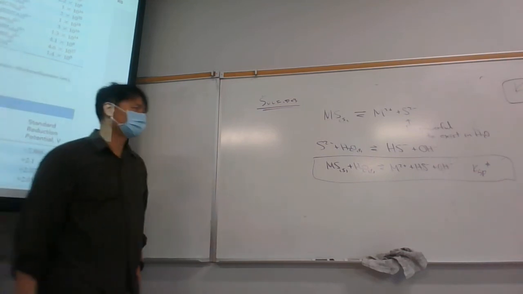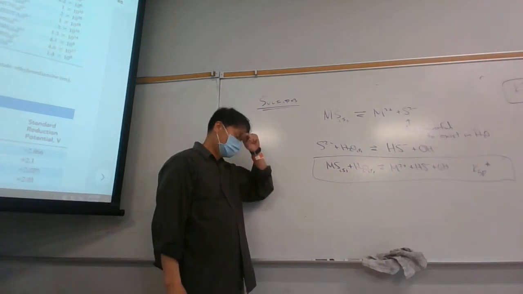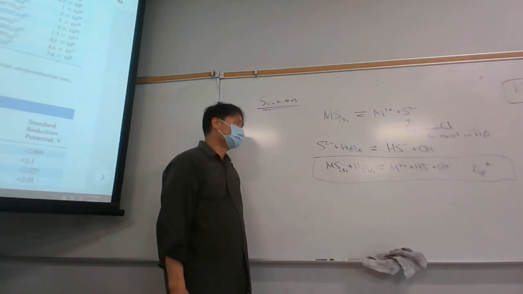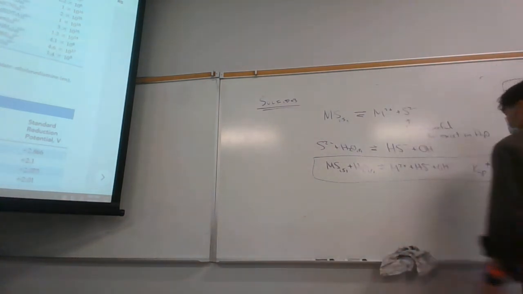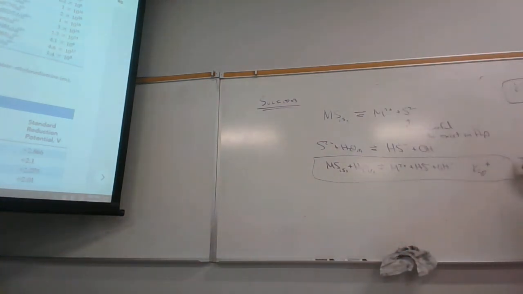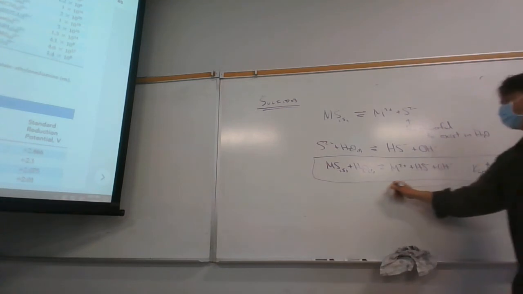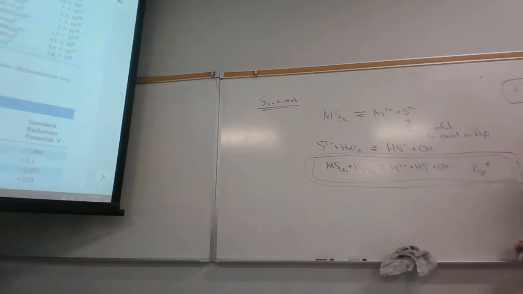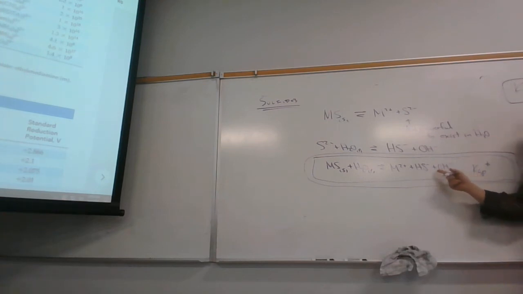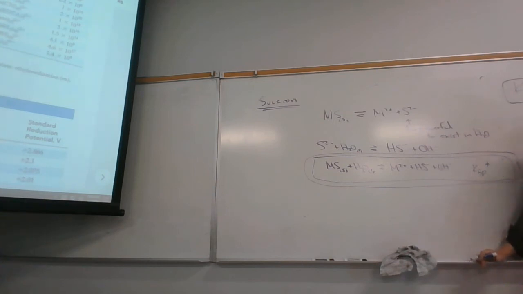KSP double dagger is like this. We can have KSPA double dagger as well. So this is KSP double dagger, and this is what we do when we have water, but this is going to be sensitive to pH as well because it's HS minus and OH minus. OH minus is a strong base, HS minus is a weak base, amphoteric.